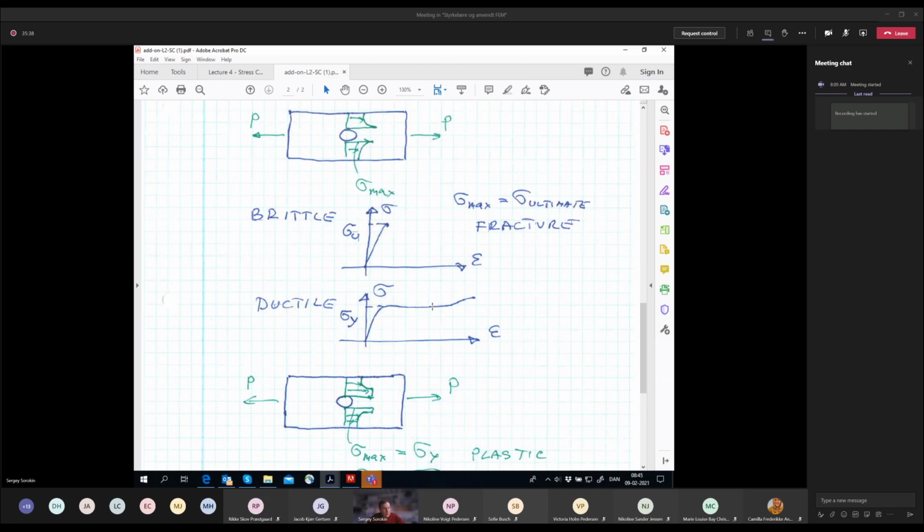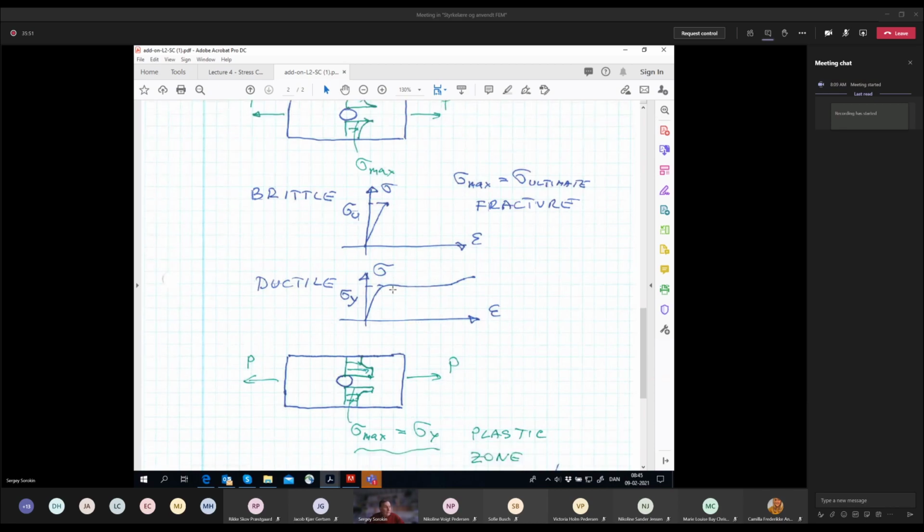If you stop here and drop the force, it will go strictly parallel to the first part of the diagram.